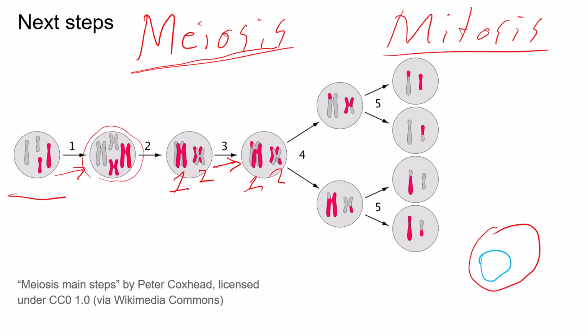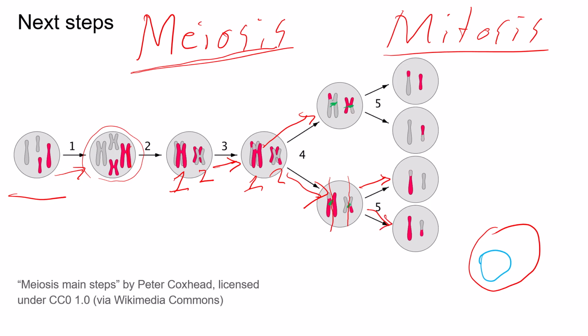And then that cell splits, and it sends one copy of the chromosomes to one cell and another copy to the other. And then you see here there are still the 2 sister chromatids. So then the chromatids split apart down the middle, like that, and one copy goes here and one copy goes here.